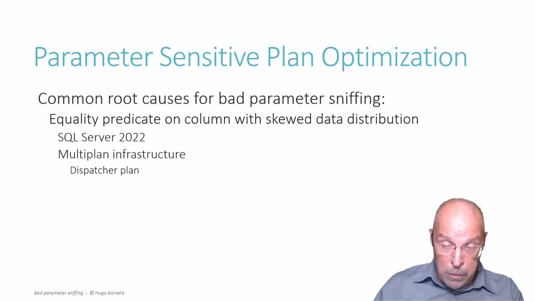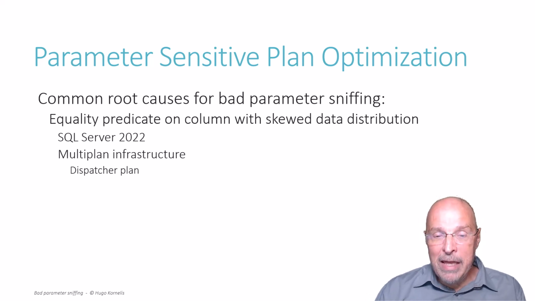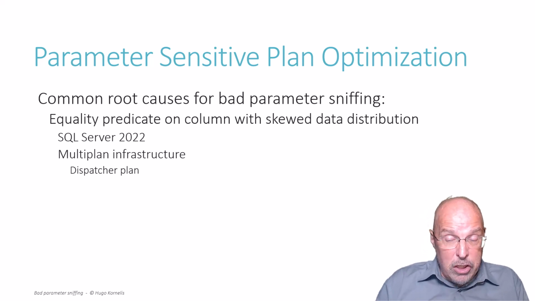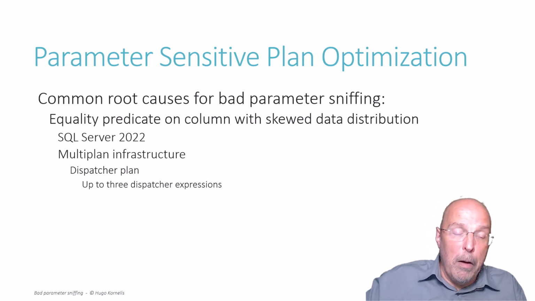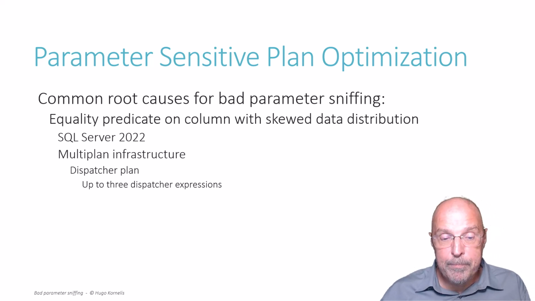So the query is still directly associated with that single dispatcher plan. And in that dispatcher plan, you do not find the execution plan operators. You find a collection of up to 3 dispatcher expressions.